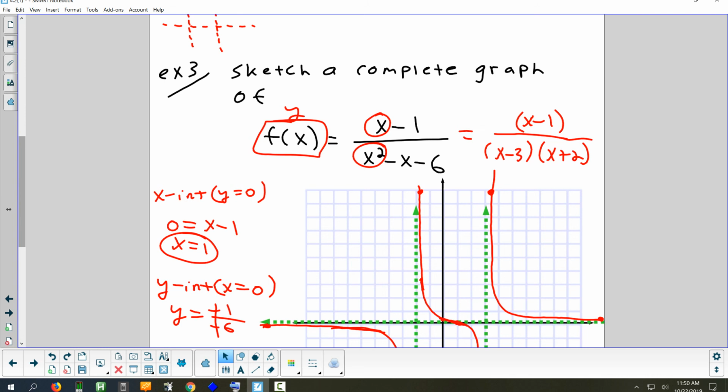Now, if the degree of the top is bigger, that can get a little tricky. We're not going to look at that today. But what can happen there is the horizontal asymptote goes away. Best case scenario, easiest one, is you get a slant asymptote. So it's still straight, but it's on a slant. If it's not a slant, then it can get even worse.